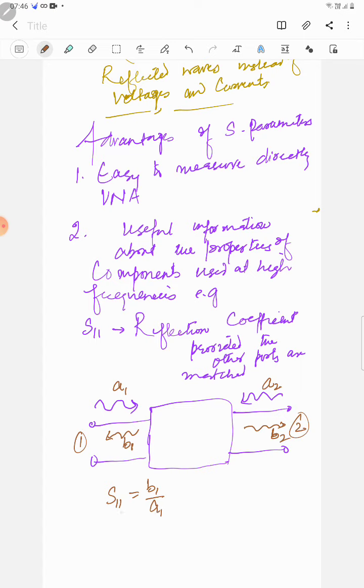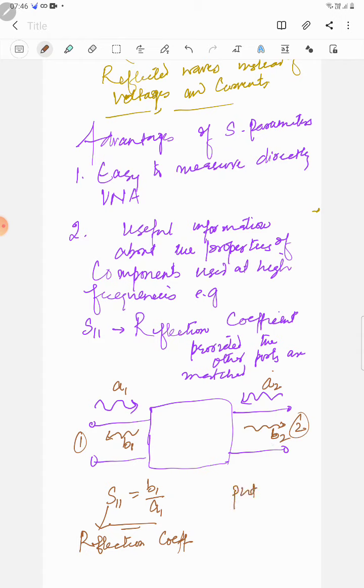If we measure S11, that gives us the reflection coefficient. Reflected by incident is your reflection coefficient, provided the other port is matched, that would mean port 2 is matched.